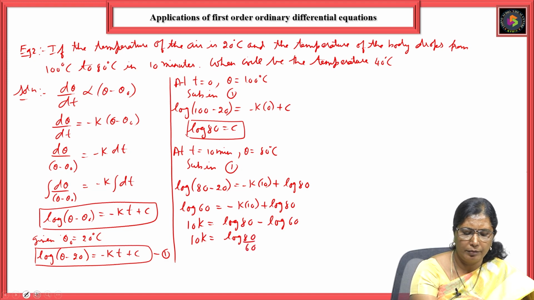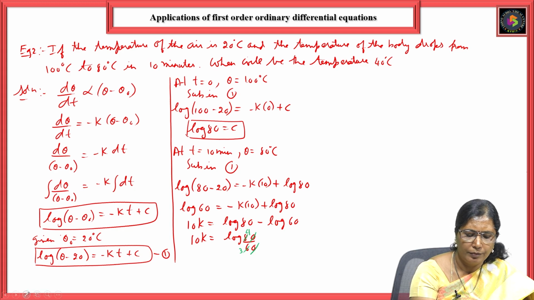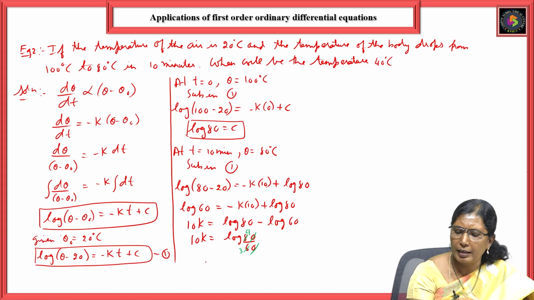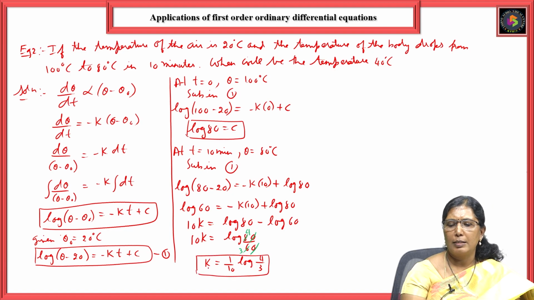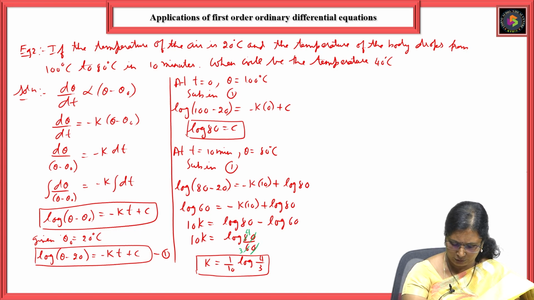The zeros get cancelled; this is 2 threes, 2 fours. So the k value is 1 by 10 log 4 by 3. So you got the c value as log 80 and the k value as 1 by 10 log 4 by 3.